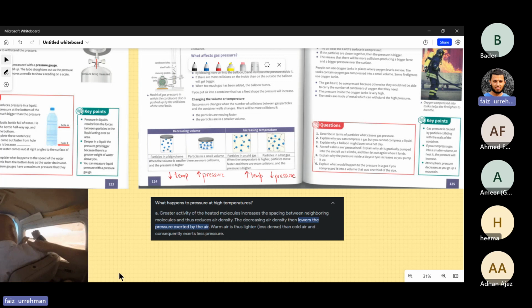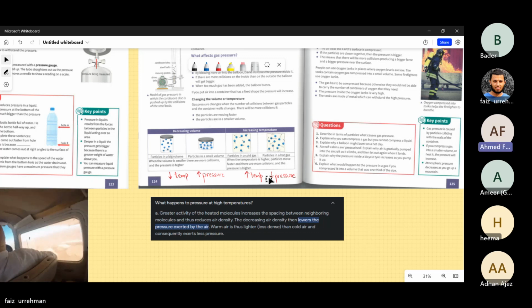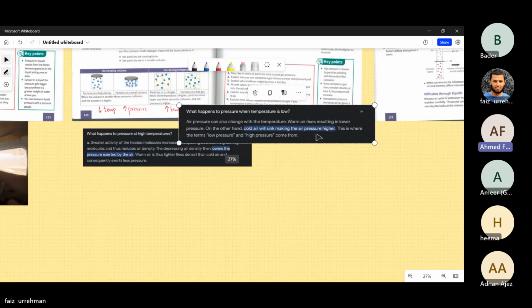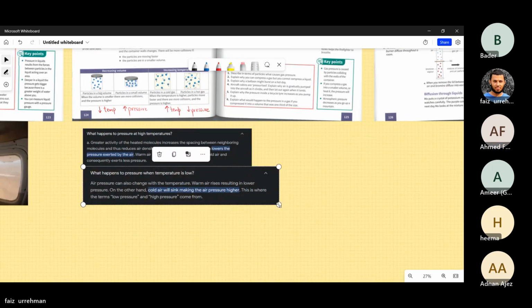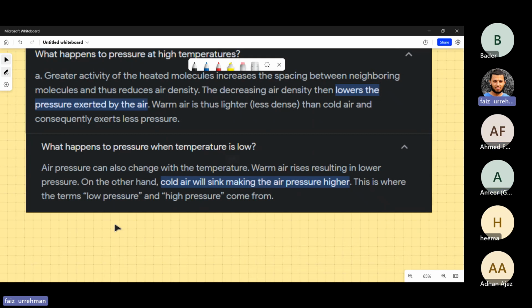Now another website is also saying the same thing that I said. Look. But Mr., look here, in the test, cold air has high pressure.